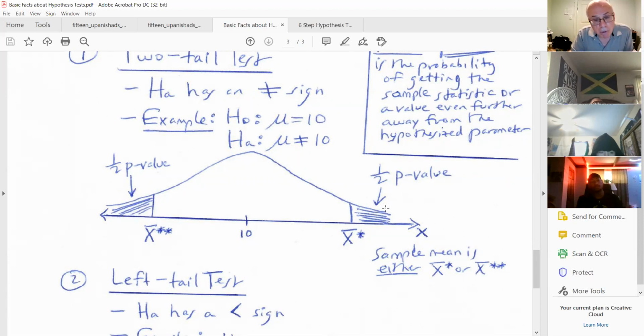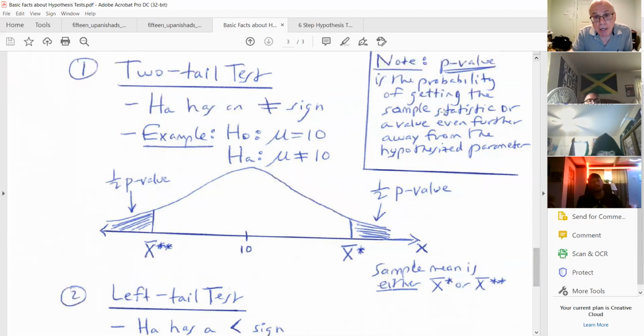But here's the deal. When you calculate this area here, remember the p-value is the probability of getting the sample statistic or a value even further away from it. Well, here, if the sample mean is greater than the population mean, the area to the right here, we know how to calculate. I'll show you how to calculate that in a minute using normal CDF.